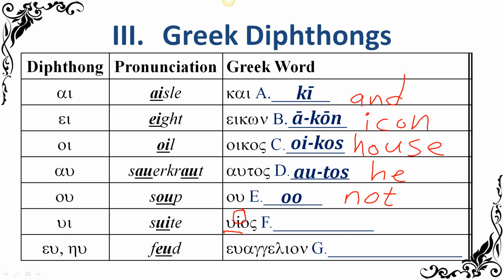That's because those two vowels go together, so the forward apostrophe will move back if it's a diphthong. But you still pronounce it with the H sound. So the rough breathing mark says you have to have an H on here. It's a diphthong, so we change it around a little bit, and you wind up getting huios. When you look at the word itself, you don't get that from it.